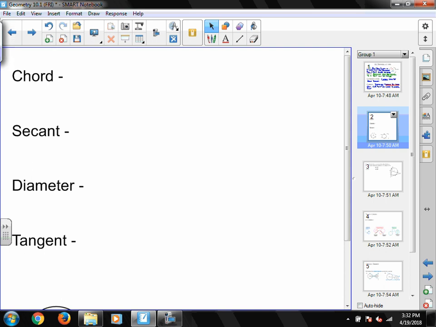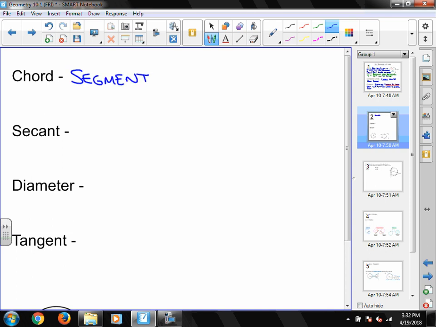A chord. Again, I apologize. We're going to get the vocabulary out of the way so that we can keep moving with these for the rest of the chapter. So a chord is going to be a segment whose endpoints are on the circle.